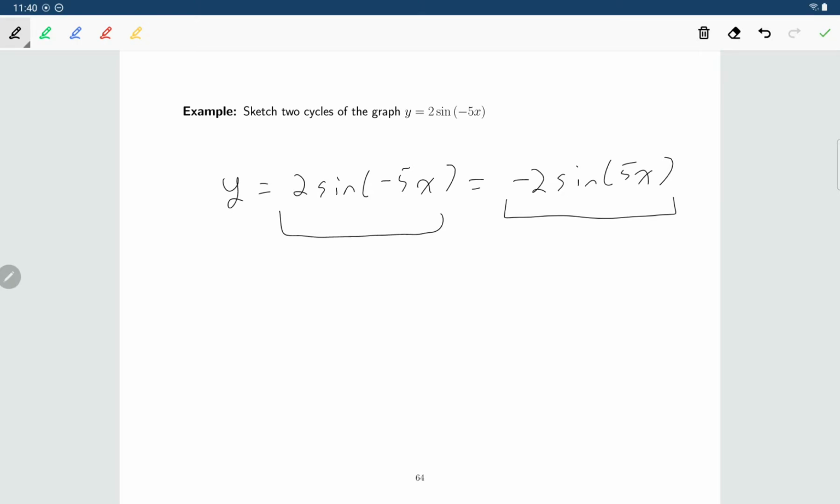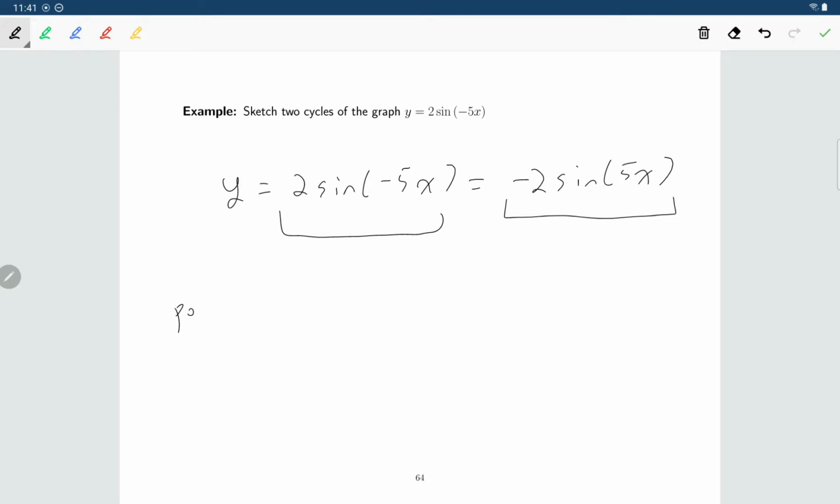And of course, what I'm using here is the odd property of the sine function. Since sine is odd, the negative inside that negative 5x, I can take outside and I'll have something that's equivalent. So instead of positive 2 sine of negative 5x, I've got negative 2 sine of positive 5x.